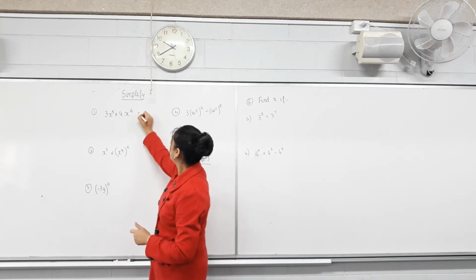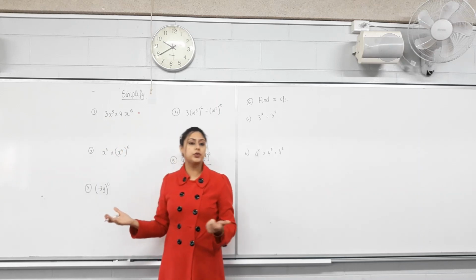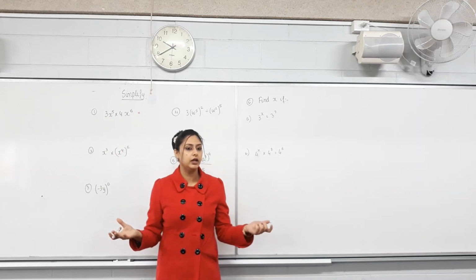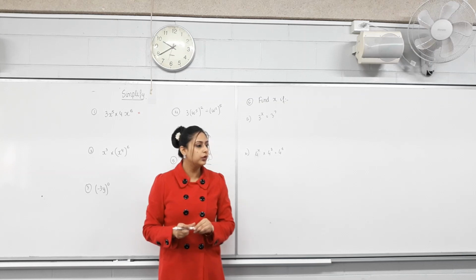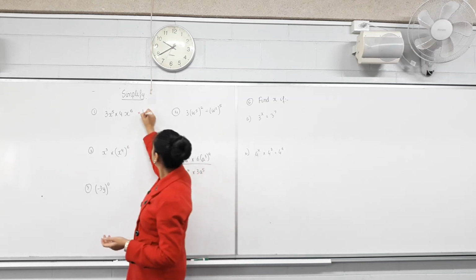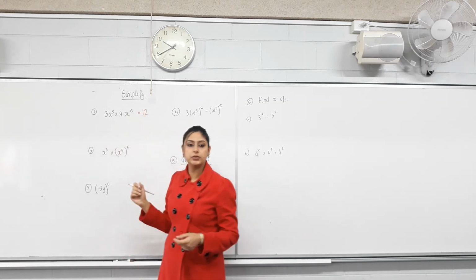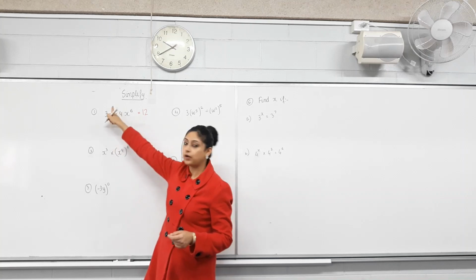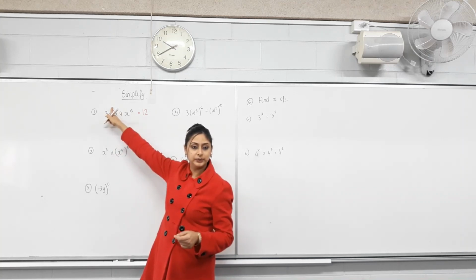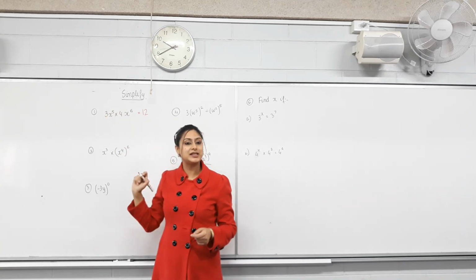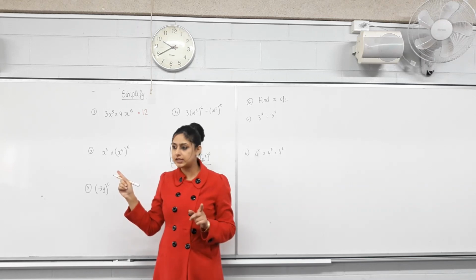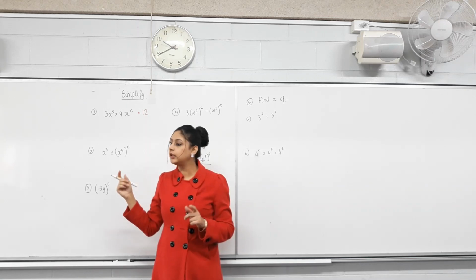Now, 3 and 4. 3 times 4. Are there any index laws there? No. What's 3 times 4? 12. So the number is simple, just 3 times 4. Now, x to the power of 5, eyes on the board, times x to the power of 6. Same base, x, yes or no?